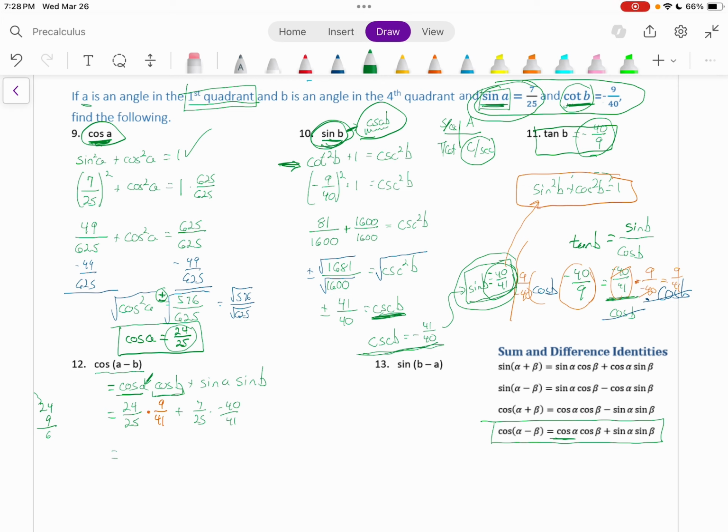So that's 216. So we have 216 over 25 times 41. So we get 1,025.